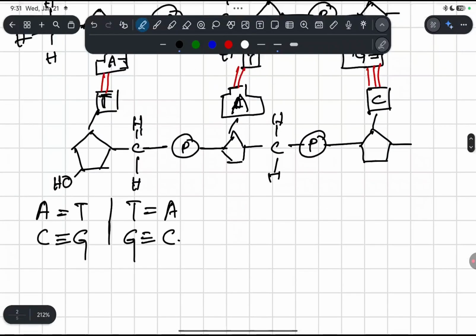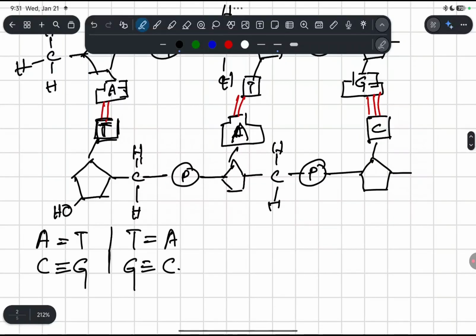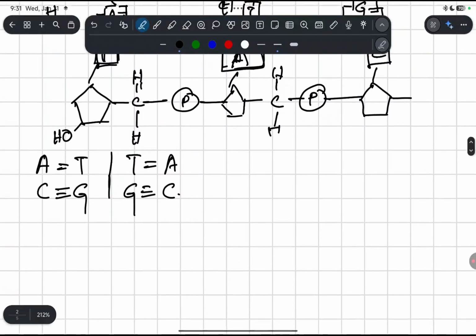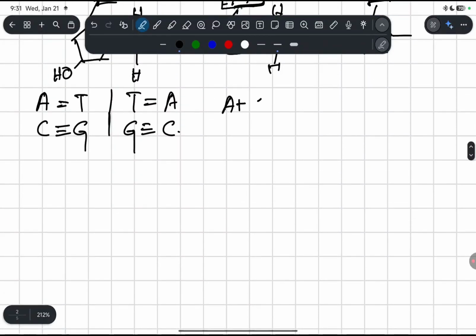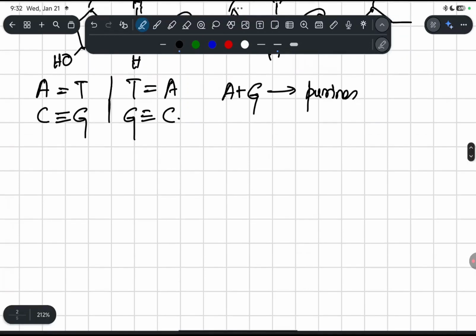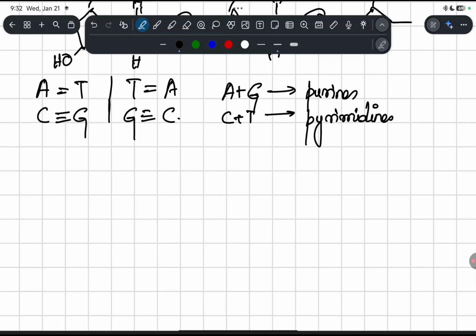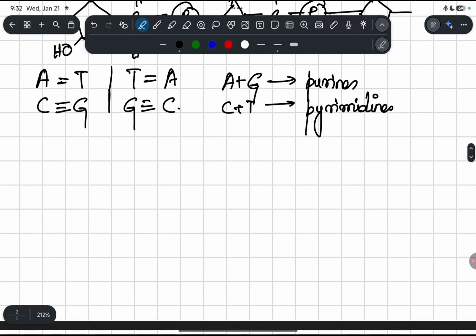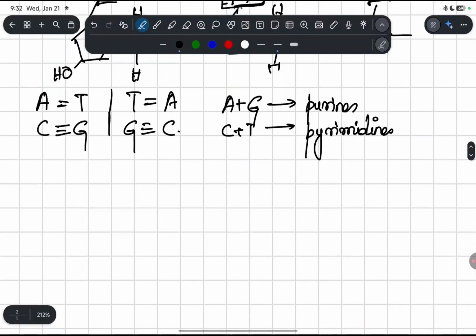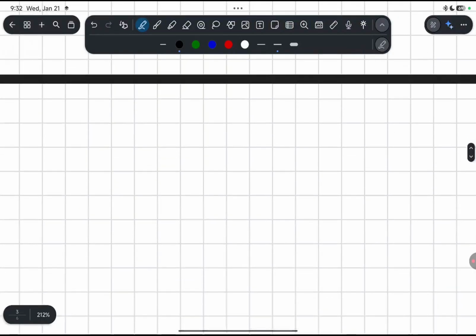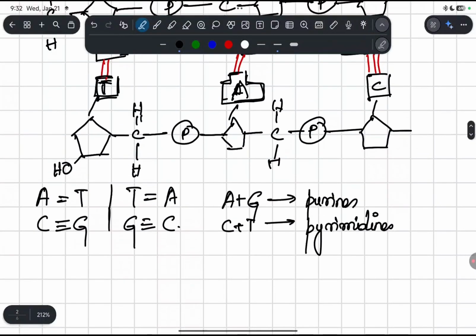Why have I made a square here, and here a sort of different structure? Adenine and guanine are together known as purines, and cytosine plus thymine are together known as pyrimidines, right? So now that was the basic structure of DNA.